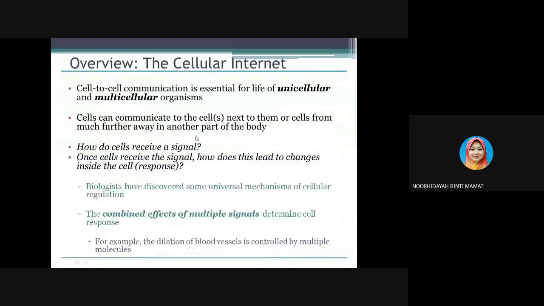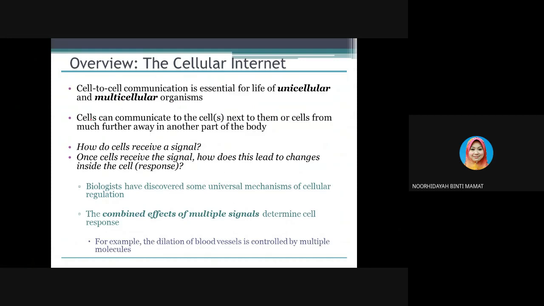So this is the overview of the cellular internet. So cellular is actually cell-to-cell communication. This cell-to-cell communication is essential for life of the unicellular and also multicellular organisms.